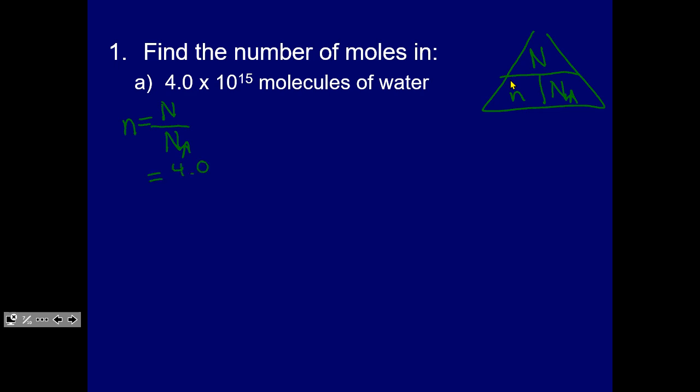Okay, let's keep going. 4.0 times 10 to the 15 entities of water. Notice it says molecules. Remember, molecules are entities. Divided by Avogadro's number, 6.02 times 10 to the 23 entities per mole. All right, let's do that. Getting my calculator.